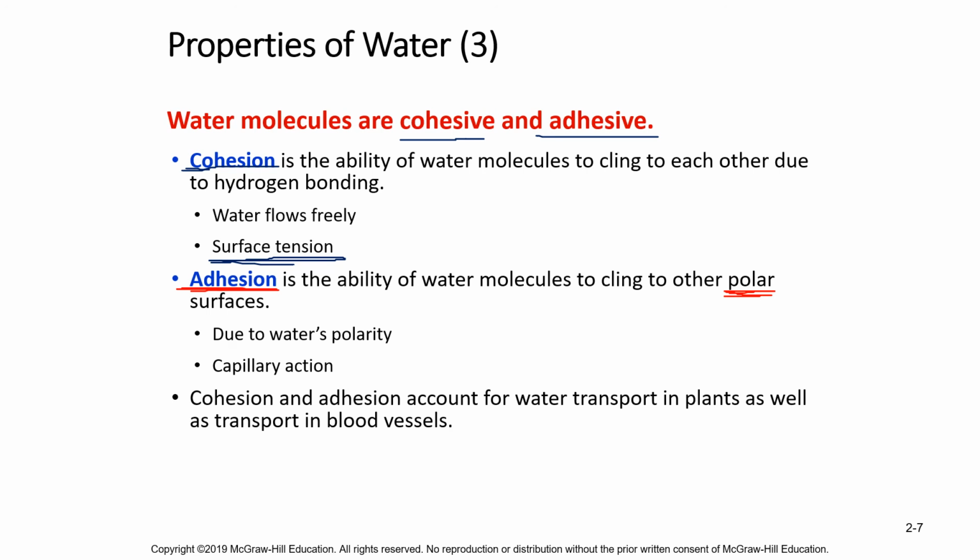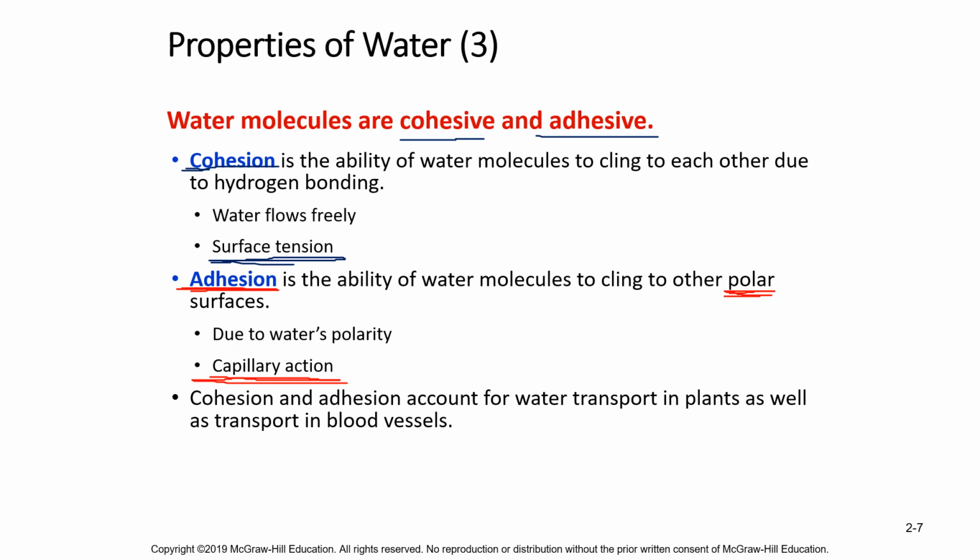And water will crawl up tubes, and that's known as capillary action. And the way paper towels work is they have lots of small diameter tubes or tunnels within that paper. And each of these holes gets filled with water due to capillary action. This is also how water gets from the roots of a tree up to the leaves.